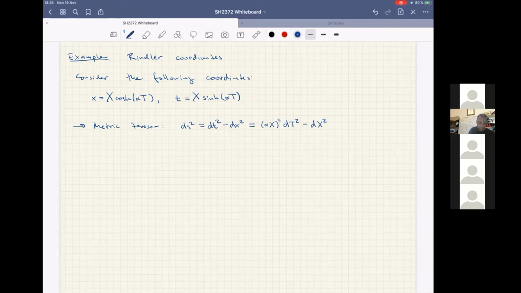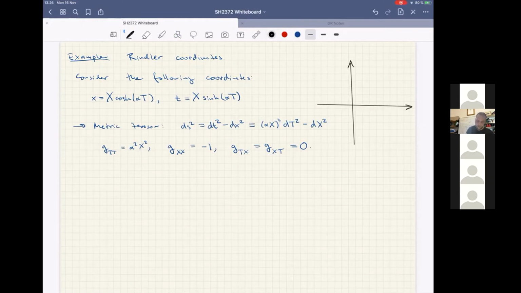So we would find then here that GTT would be alpha squared x squared, GXX would be -1, and GTX is equal to GXT equal to 0. Now, if we look at what part of Minkowski space this describes, as we discussed before, coordinate systems don't always describe the entire space.